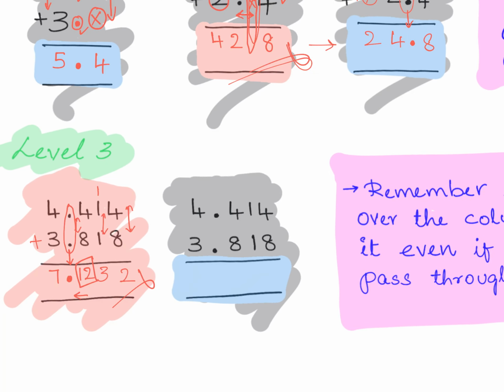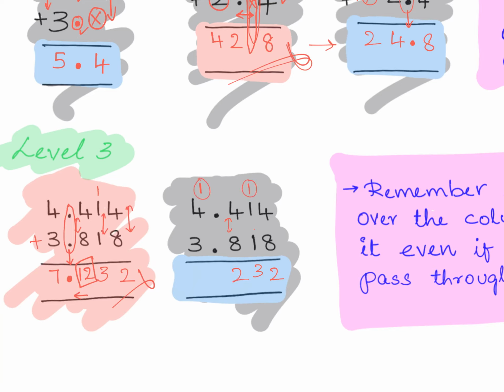Yes. Now 4 plus 8, 12. So this is the carry over here on the top, and then next 1 and 1 and 1. So it gives 3 over here. Next column, it is giving me 12. So 1 over here, that is the carry.